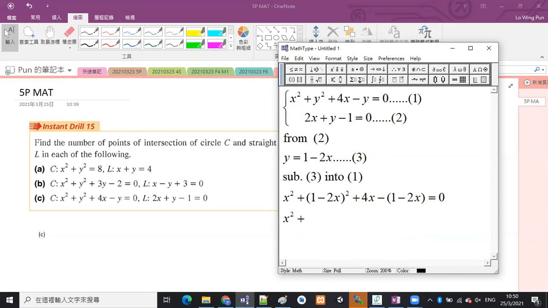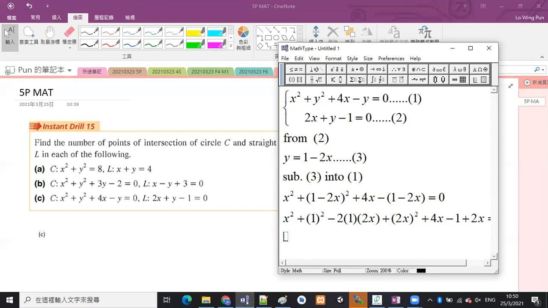Then plus 4x, and then we just remove the bracket here. But this is a negative bracket, so the 1 becomes minus 1, and minus 2x becomes plus 2x. So that is minus 1 plus 2x equals 0.